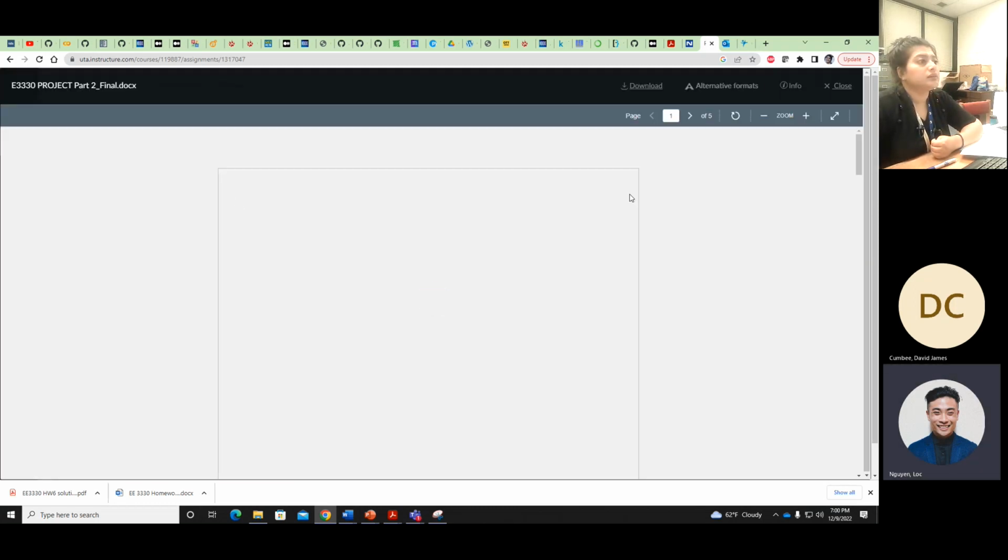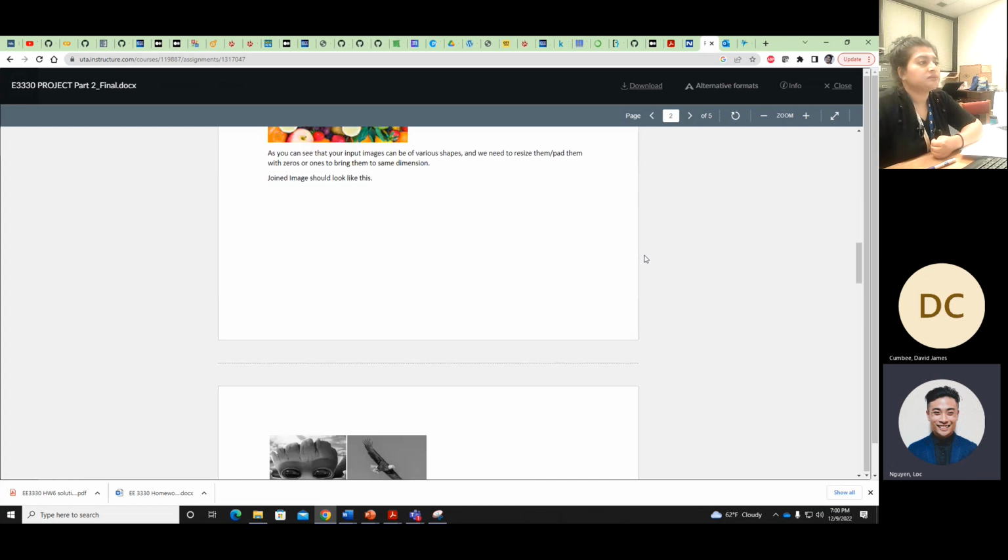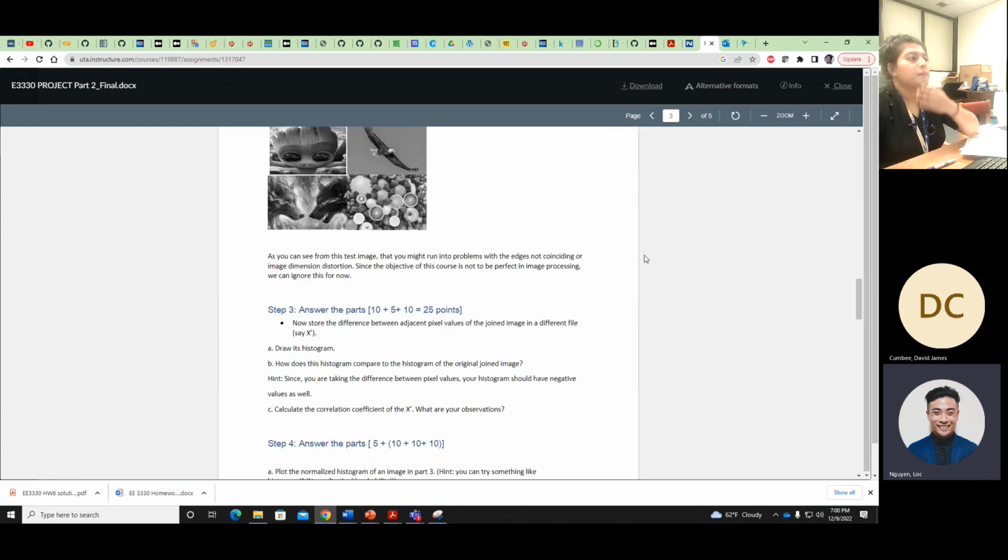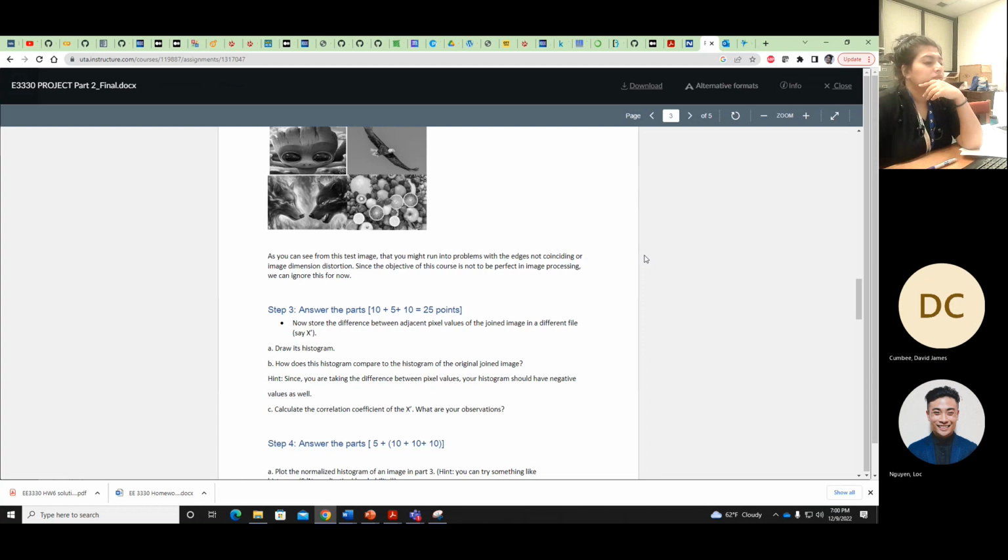For step 3, I know you said you wanted to store the difference between the adjacent pixel values. I did a little research on it myself, and I found it was recommended to use a convolution function, or was it a different function?